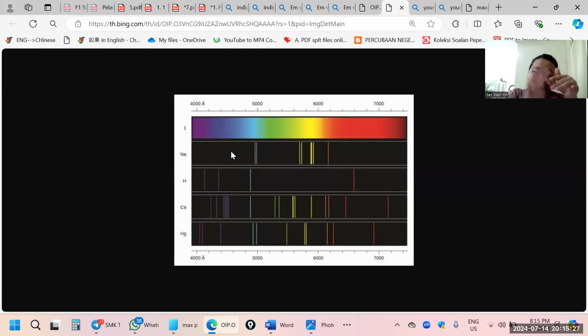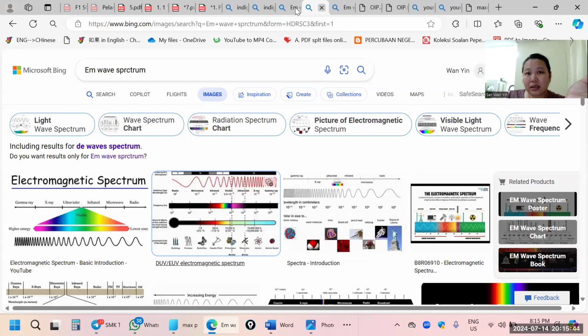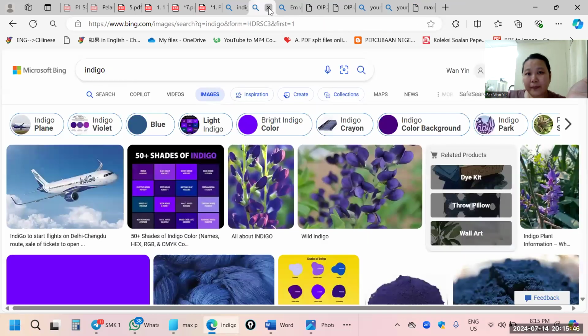Hydrogen emits a light spectrum in this way. He gives continuous light and the hydrogen gives up light in this way. So it's like a packet.